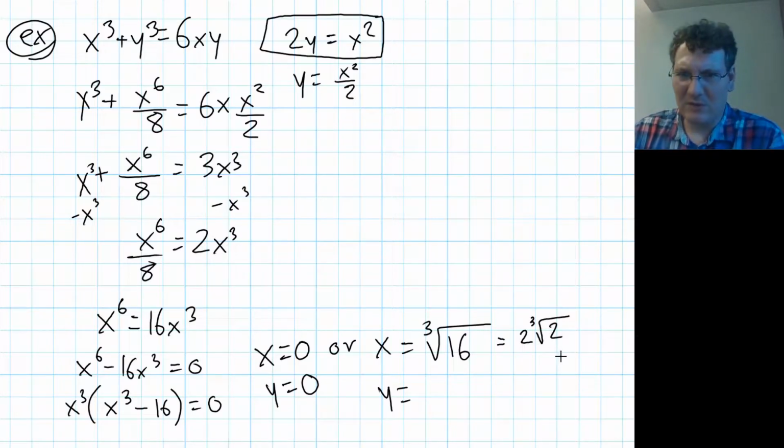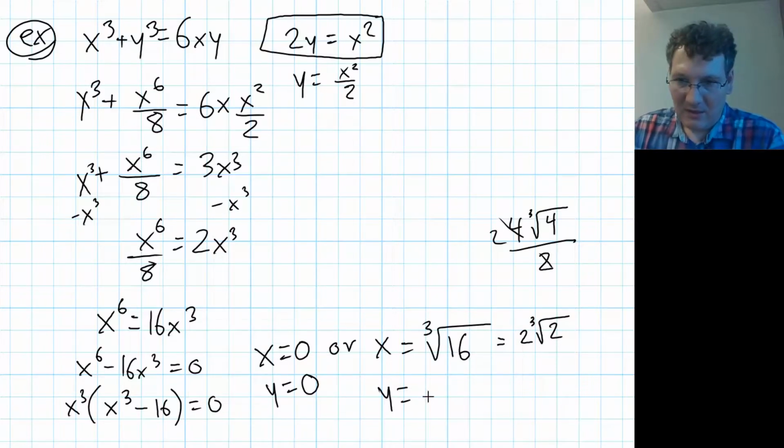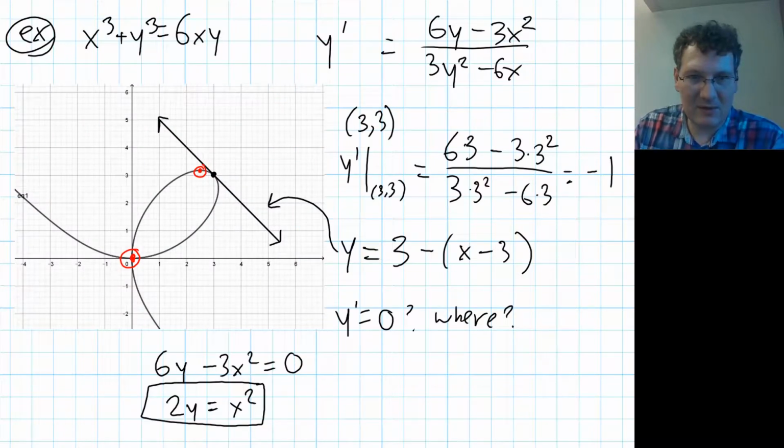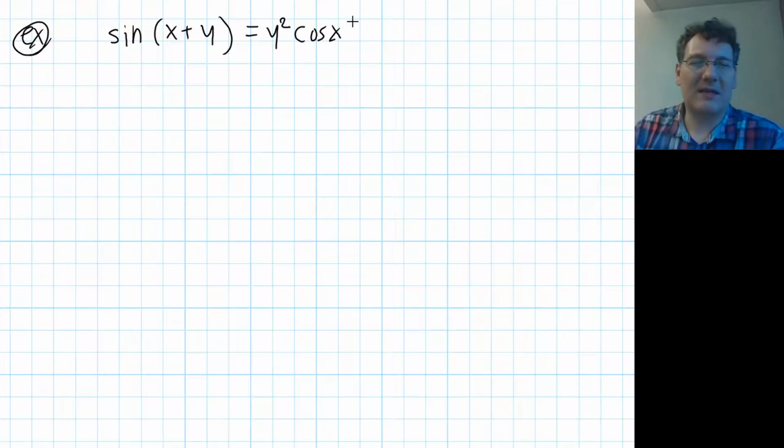If I'm going to square it and divide it by 2, that's going to be 4 cubed root of 4 over 2. y is going to be 2 cubed root of 4. That's the coordinate of the second point, which looks right, and the y is a little bit bigger than the x is.